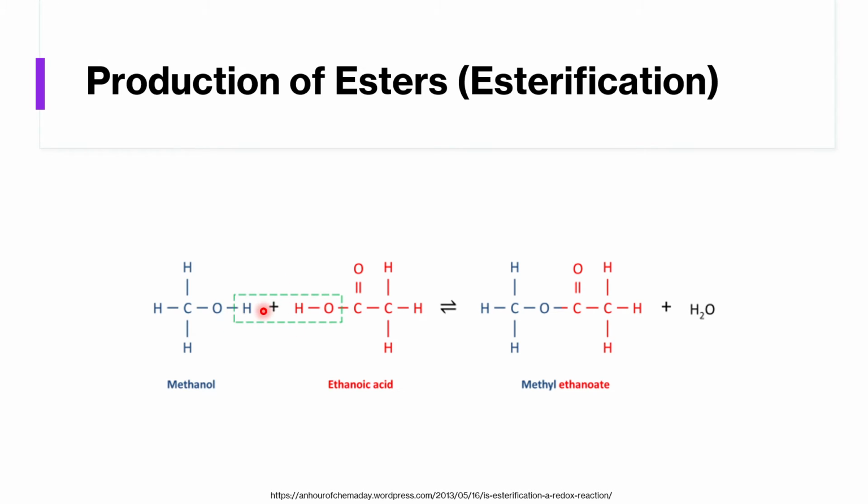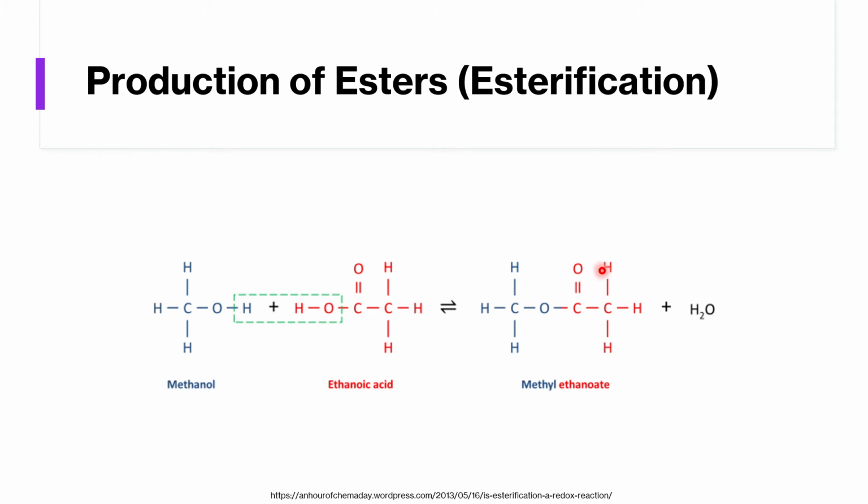Both of the hydrogens leave the 2 compounds as well as one of the oxygens. What we're left with is a bond between the alcohol and carboxylic acid being attached with an oxygen. The 2 hydrogens and oxygen that left form water as a byproduct.